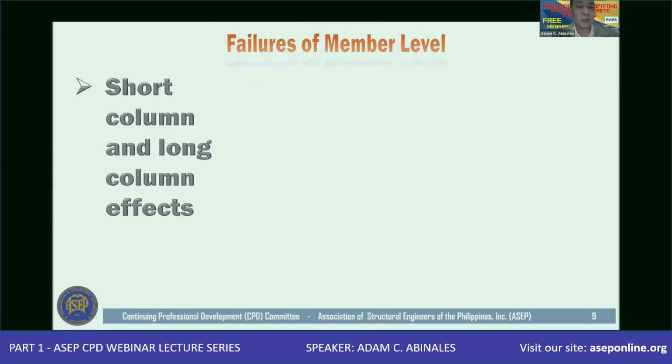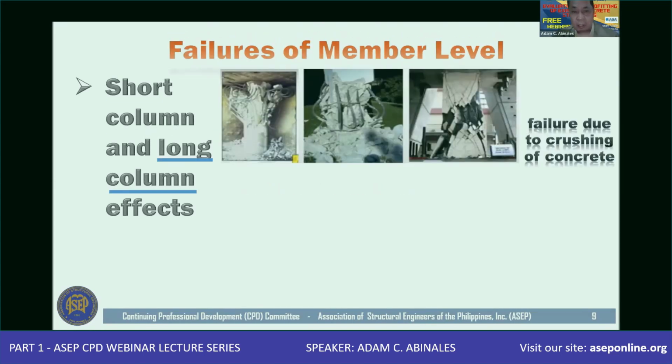Now we have these short column and long column effects. When we say short column, this is a failure of column due to the crushing of concrete. In some cases, you will see this scenario very prevalent when you have openings in a facade, wherein you have the columns and then you have openings, say, for example, windows, wherein that portion of the column which is unsupported will be considered a short column.